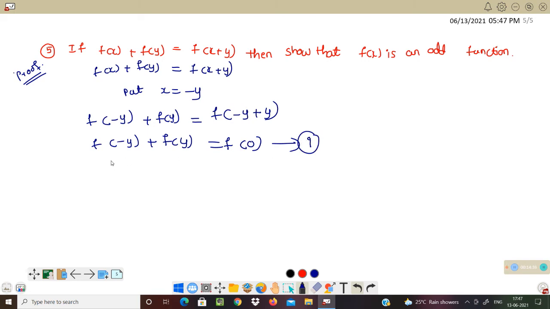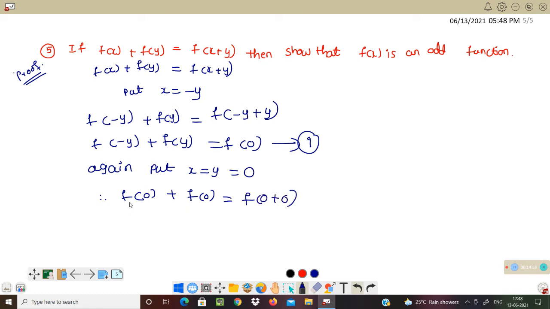Again, just put x is equal to y is equal to 0. So then we can see here f of 0 plus f of 0 is nothing but f of 0 plus 0, that is f of 0. f of 0 plus f of 0 means 2f of 0, and here it is f of 0.